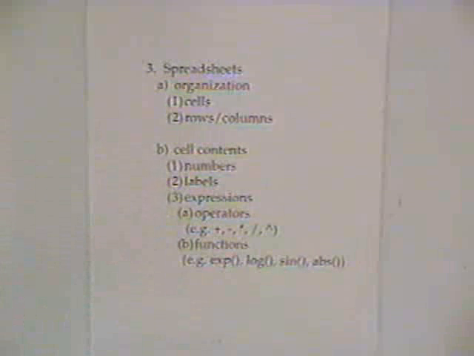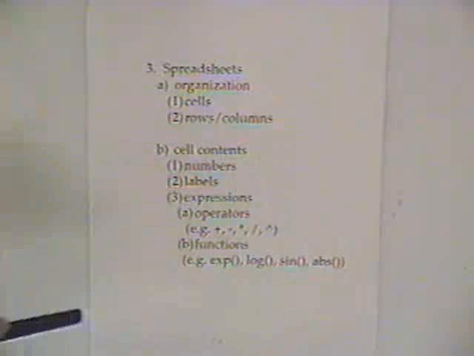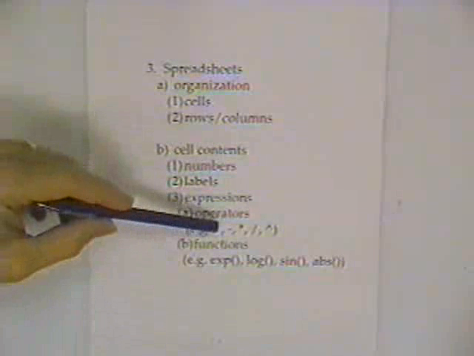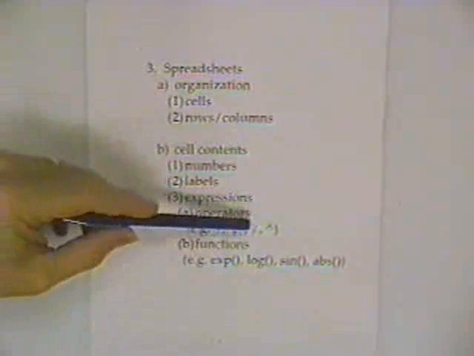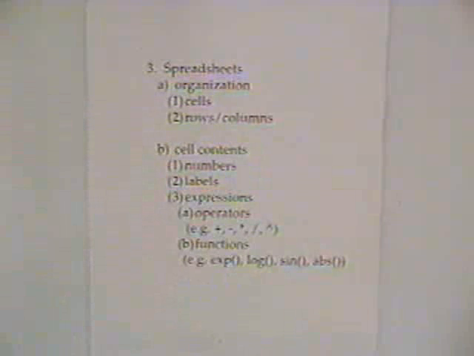So those expressions are going to be numbers or references to other cells separated by different operators. And the typical operators that you see are the algebraic addition, subtraction, multiplication, division, or exponentiation. All right? So those operators act on numbers or cell content.